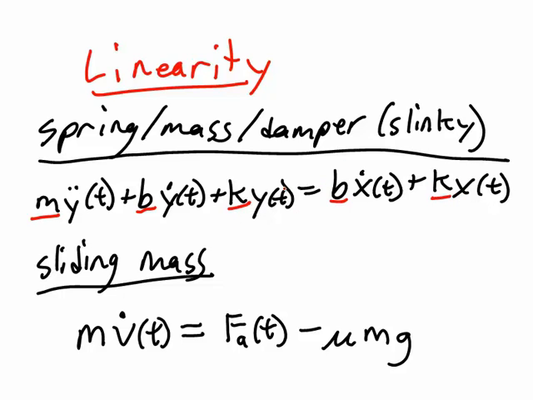Similarly, in the sliding mass equations, all of the parameters are constants, and the variables are not squared or cubed. Also, there are no sines or cosines of the input or the output or any of the derivatives of the input or output signals. This is the mathematical basis for a system being linear. If we see that our equations are just constants times the input, the output, and the derivatives of the input and the output, then we know that the system is linear and the superposition principle applies.